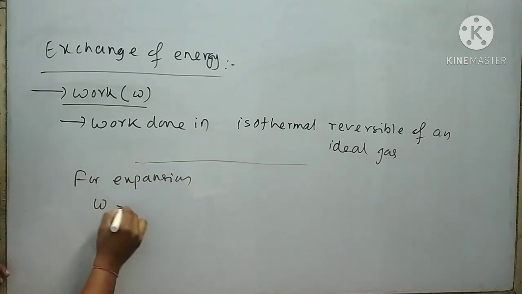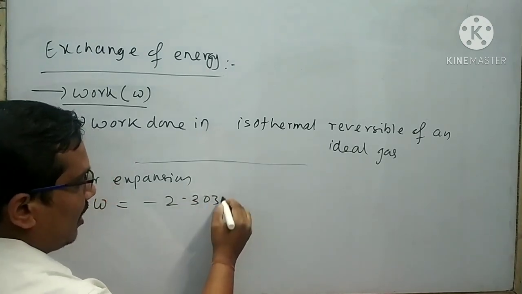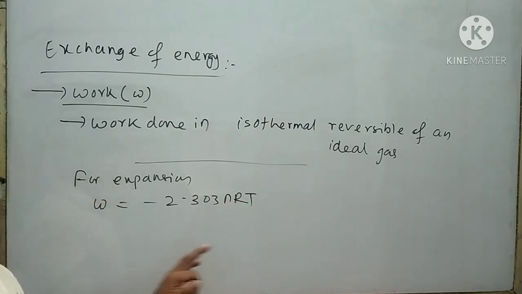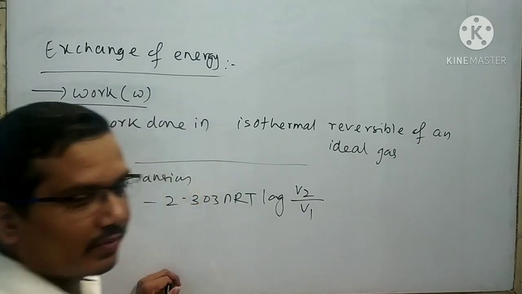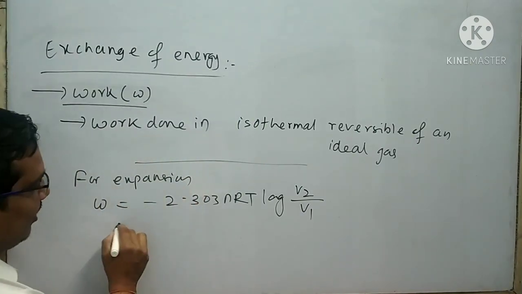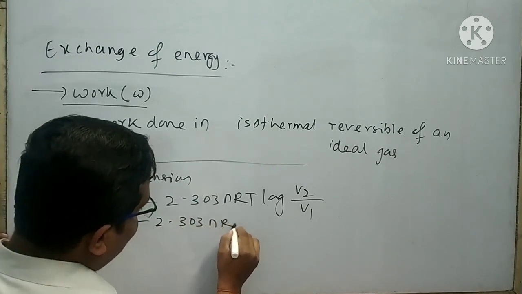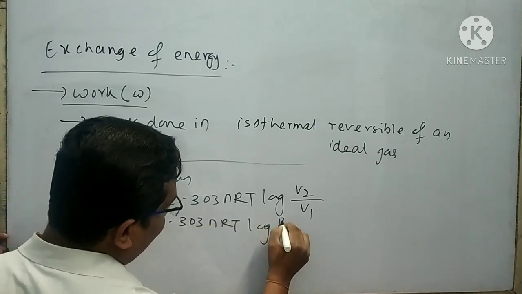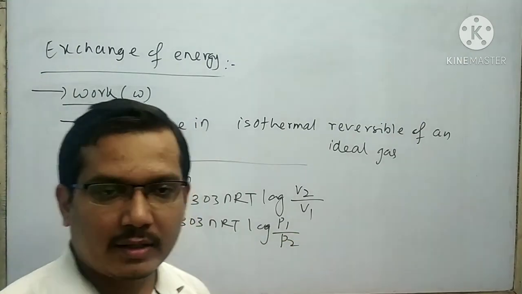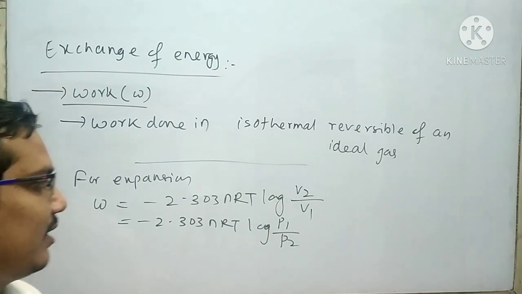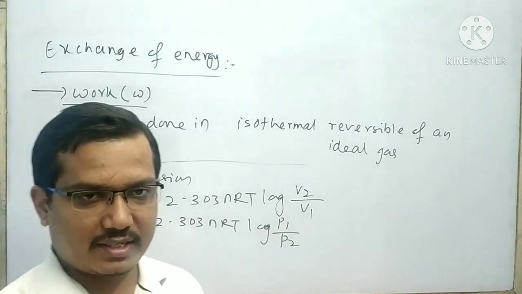We can write W equal to minus 2.303 nRT log of V2 by V1. We can also write W equal to minus 2.303 nRT log of P1 by P2.